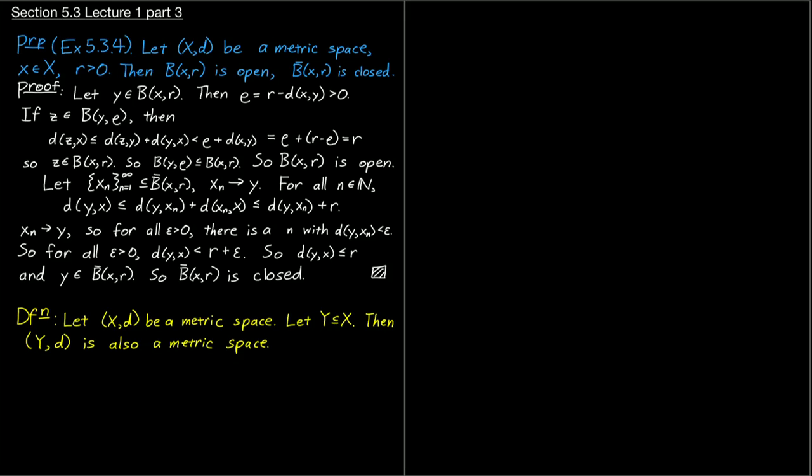So if G is a subset of Y, and G is open in the metric space (Y, d), we say that G is relatively open.